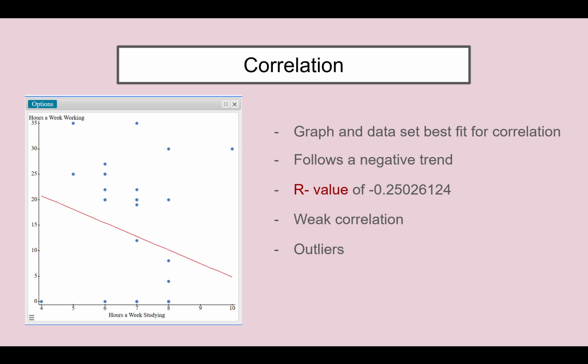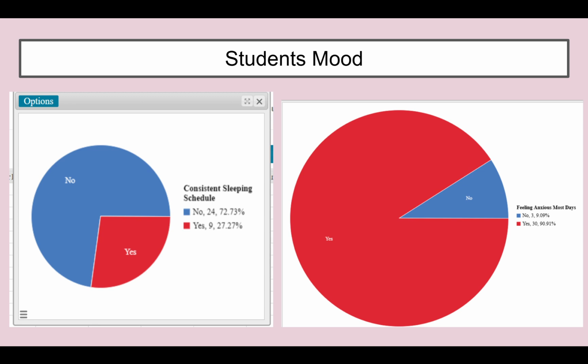All right, getting into a look at correlation. Sorry, let me go back. I wanted to mention this. Since we see a lot of people not having a consistent sleeping schedule, it could be that their overall mood of feeling anxious does affect that.